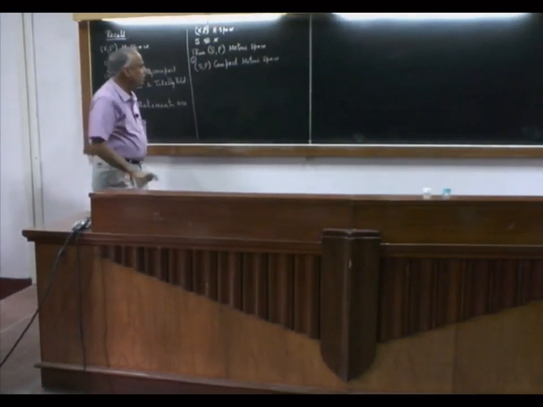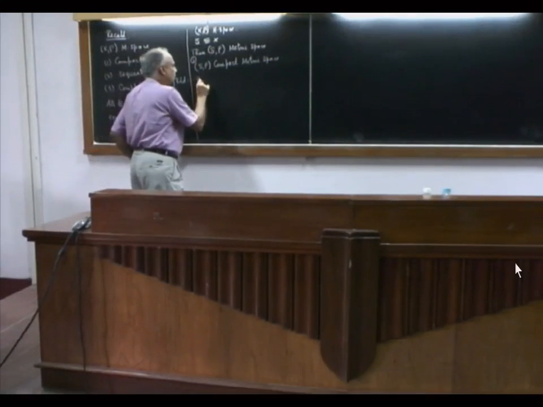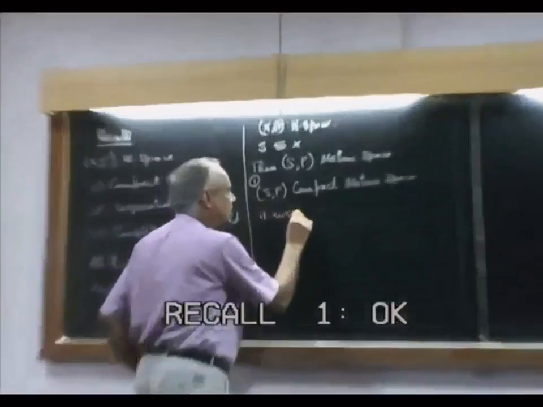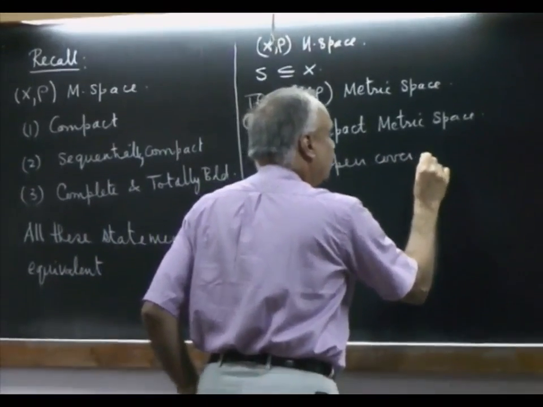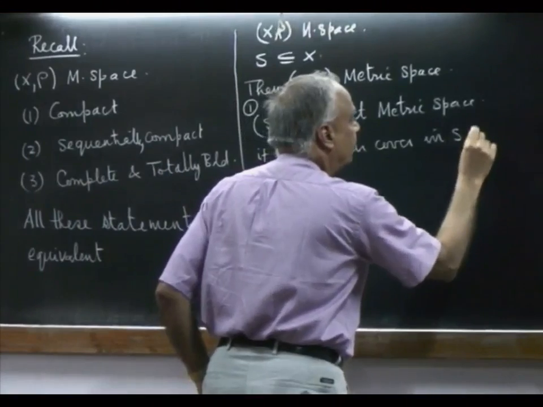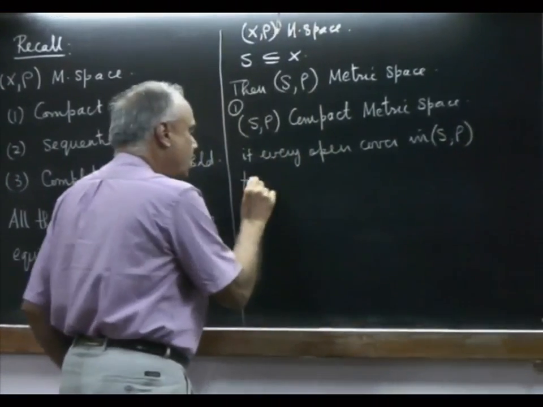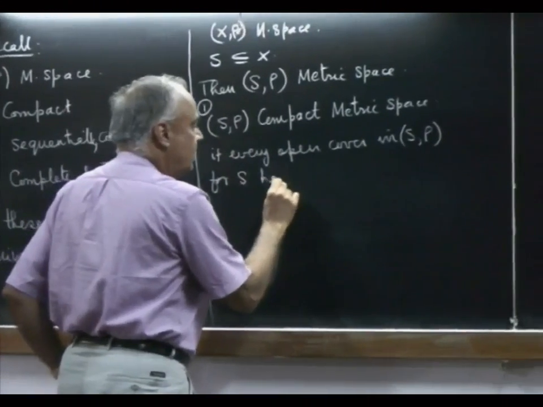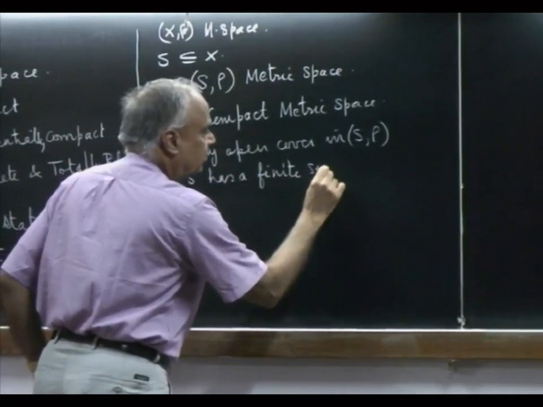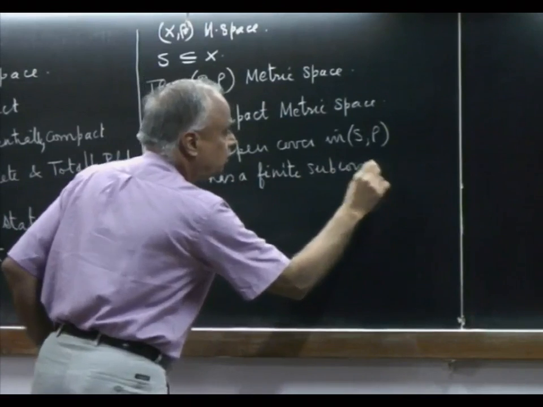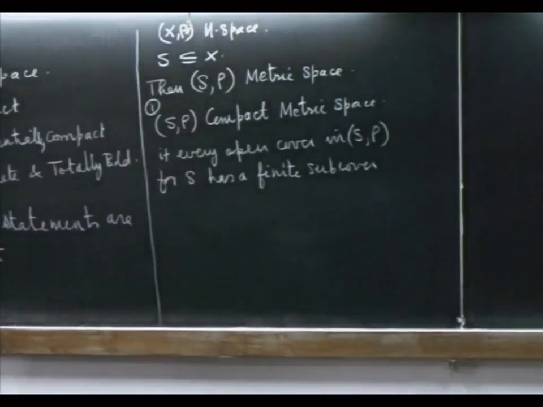What does that mean? If every open cover in (S, rho) for S has a finite subcover, because we are now talking about this small universe, everything is within that small universe.